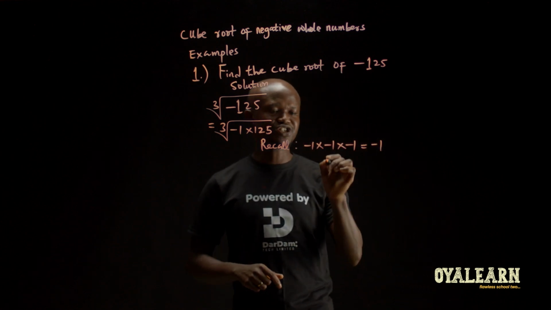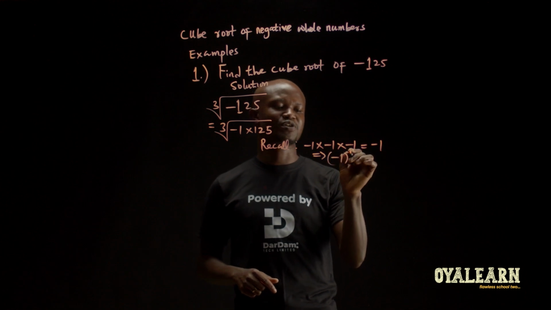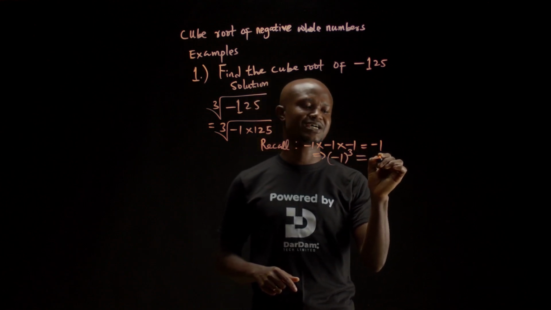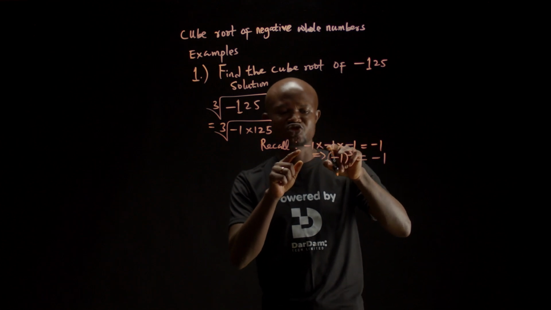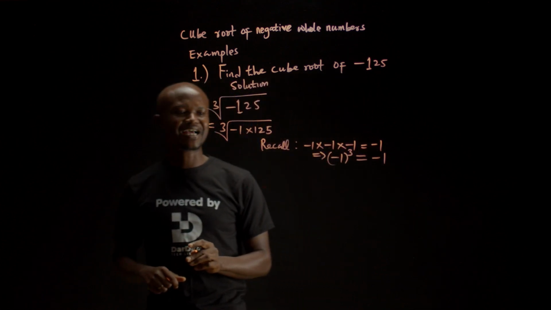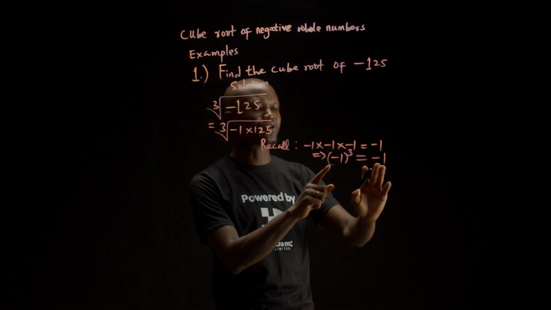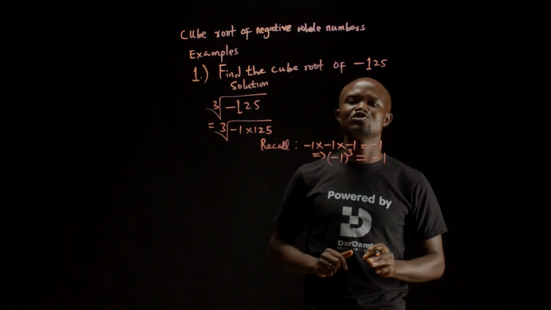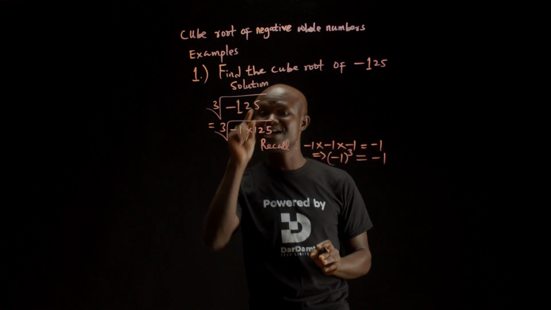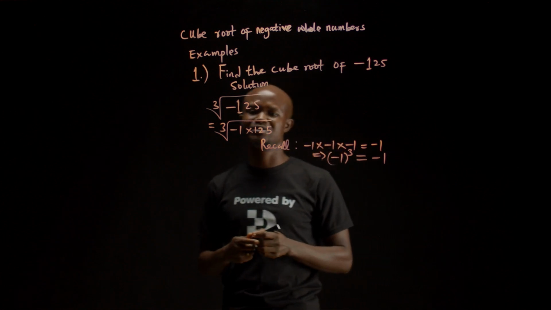So, in a nutshell, minus 1 raised to the power of 3 is the same thing as minus 1. So in that case, I'm going to break 125, then I will replace minus 1 as minus 1 raised to the power of 3.